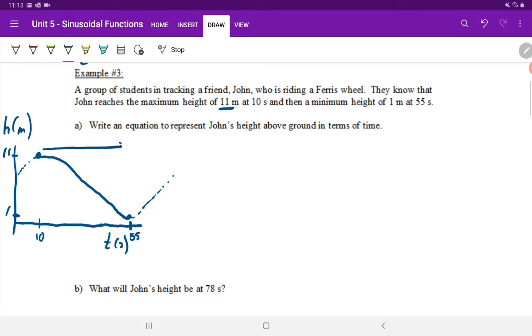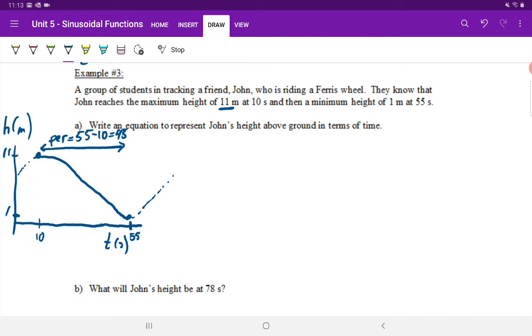Well, if I know that this section from maximum to minimum is 55 minus 10, which is 45 seconds, that's 45 seconds to go from the top of the Ferris wheel to the bottom. How long, therefore, to go all the way around?